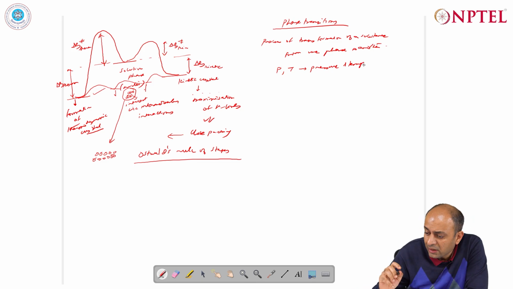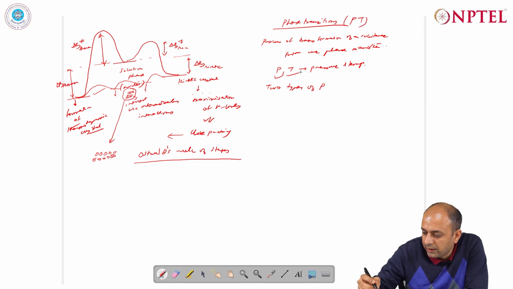And as I mentioned to start with, there are two types of phase transition. So I can write this as PT, which is different from pressure and temperature. Two types of phase transition.